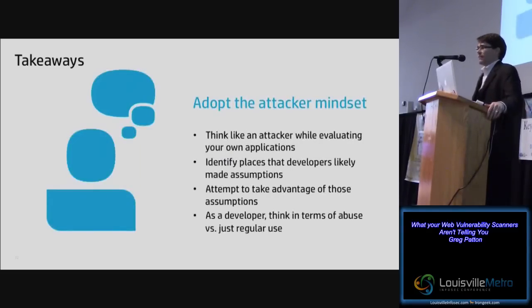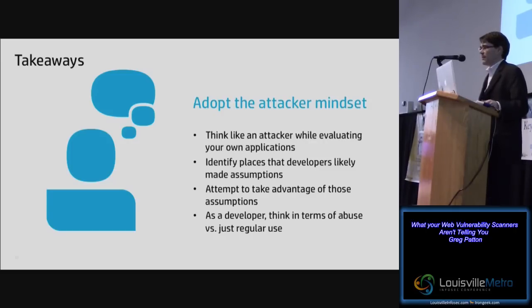Another takeaway, I invite all of you to adopt the attacker mindset and think like an attacker. It's not simply pushing the scan button on your source code analyzer or on your web vulnerability scanner. You're not really thinking like an attacker. You're going through some automated tests, but you're not enumerating through the application to see all that it could do.